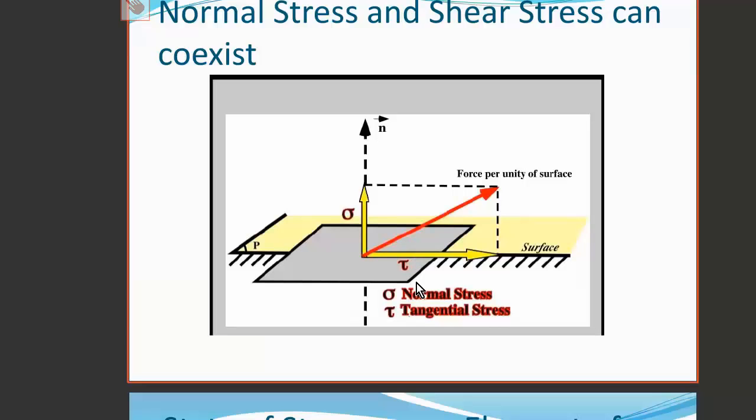So those are equivalent terms, tangential stress and shear stress. The component of this force that is normal to the cross-sectional area divided by the size of the grey shaded area is equal to the normal stress.